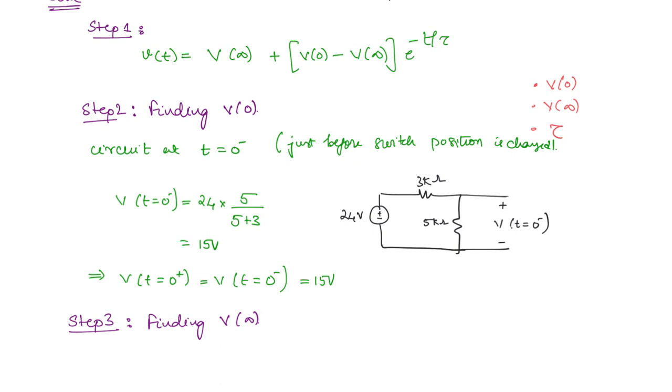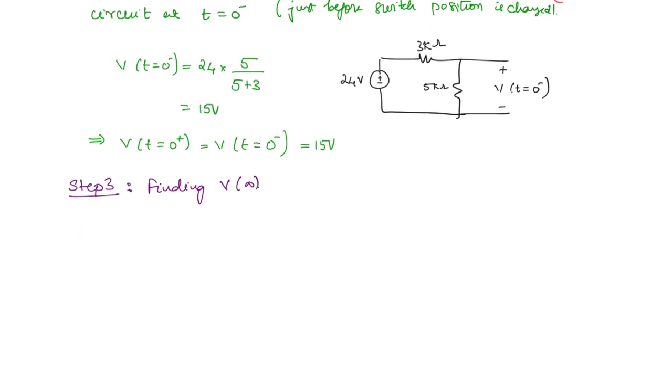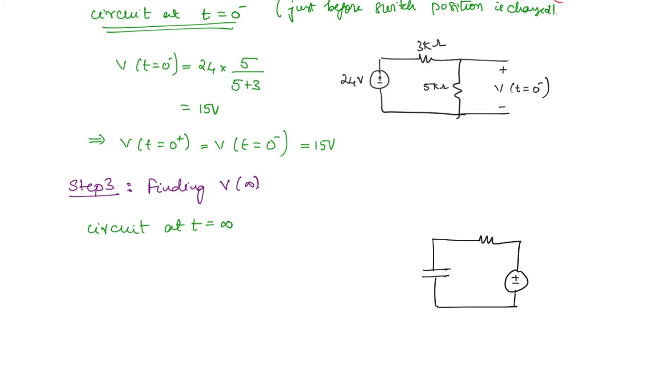You have to draw the circuit at t is equal to infinity. So this is the circuit at t is equal to 0 minus. Now we need to draw the circuit at t is equal to infinity. So we have the capacitor here and this is position B now, a resistor and a 30 volt DC source, and this value is given as 4 kilo ohm.